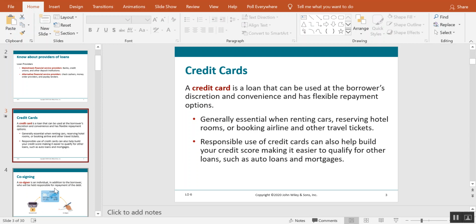If you rent a car, you'll need a credit card in order to actually get the car. It's also very common for them, when you present your card to rent a car, to put some kind of temporary charge on the card until you return the vehicle. It's sort of like a security deposit.